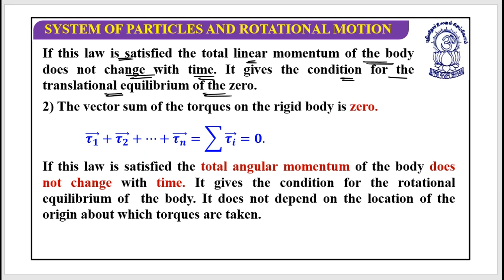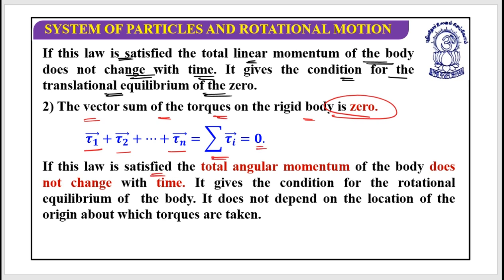After satisfying this, we understand that the body does not have any translatory motion. Now let's check the second condition. The vector sum of all the torques on the rigid body must be 0. So torque 1 plus torque 2 plus torque n, the addition of every torque should be 0.